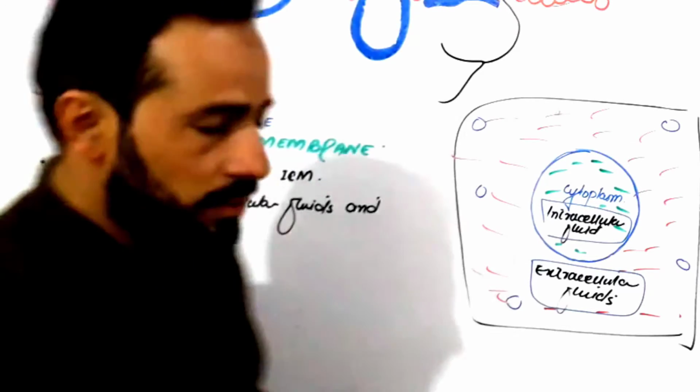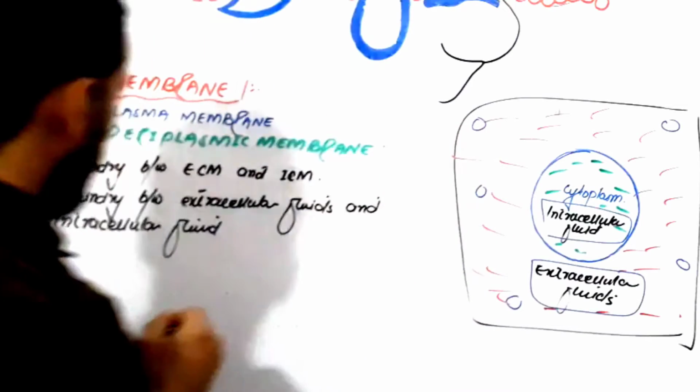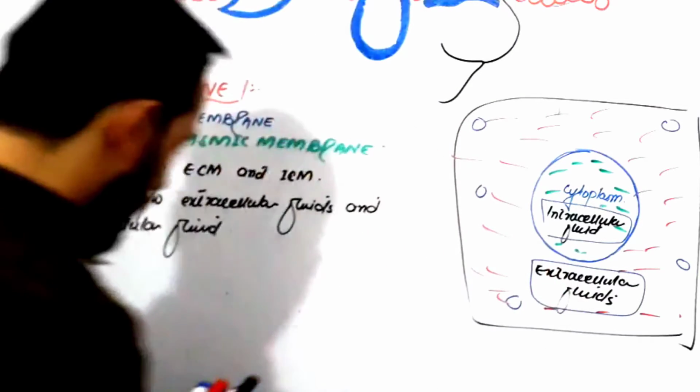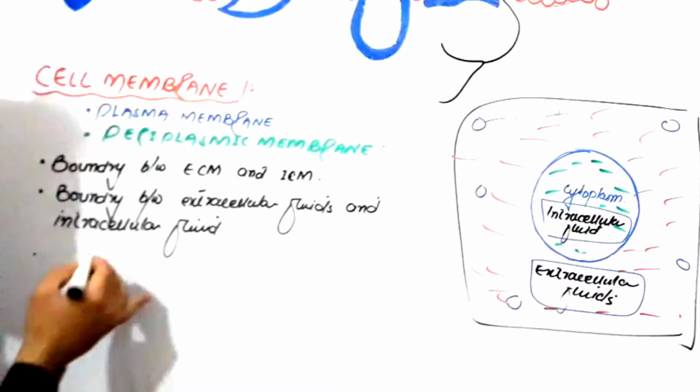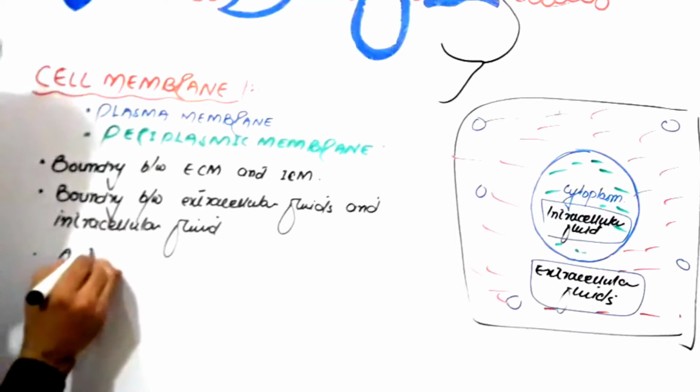So the cell membrane is a boundary, a membrane which separates the extracellular fluid from the intracellular fluid.